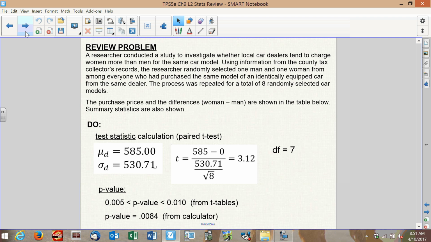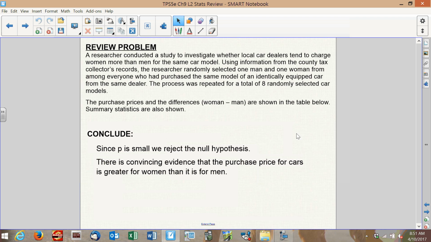Okay? And from that, our conclusion is p is definitely small. So since p is small, you reject the null hypothesis that there's no difference. And so therefore, we have convincing evidence that the purchase price for the cars is greater for women than it is for men.